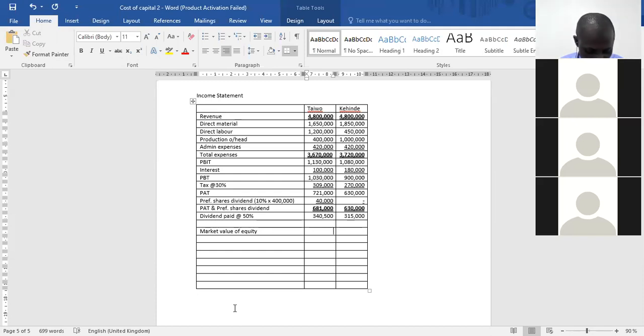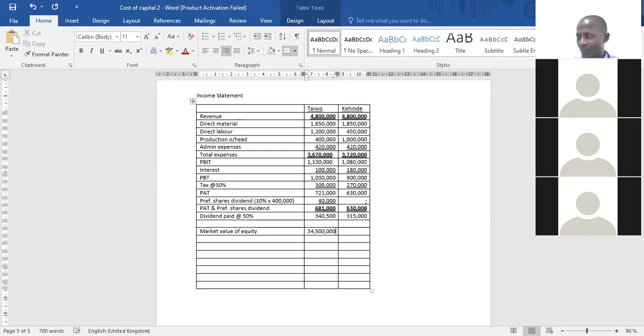The share is 1 million at 1 naira each. So it's 1 million over 1, which is 1 million. 1 million times 3.45 is 34,500,000. That is the total market value of equity.